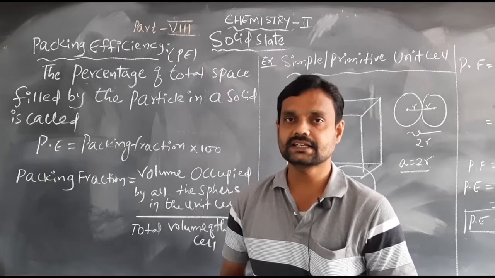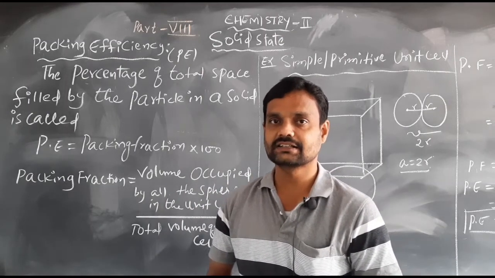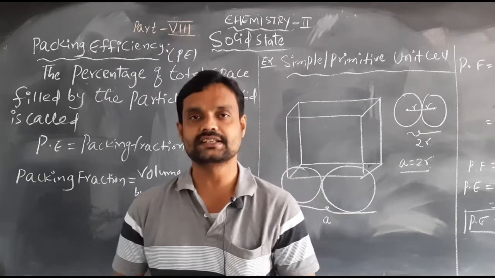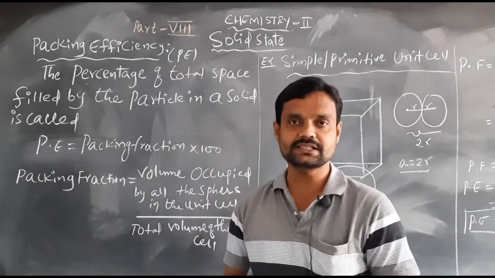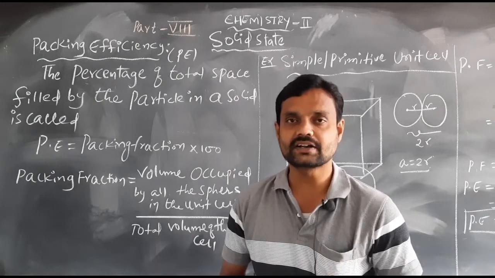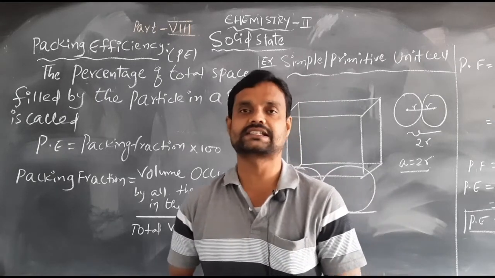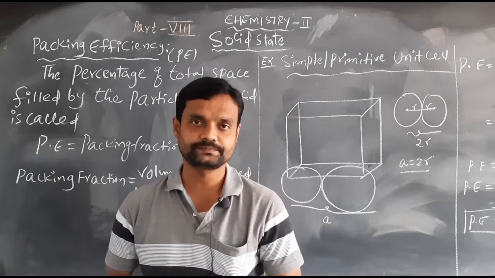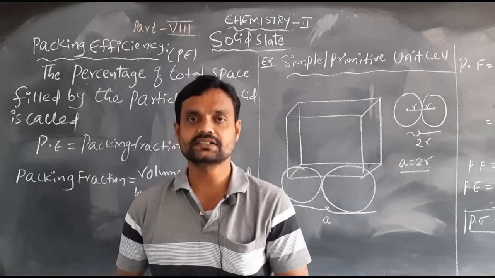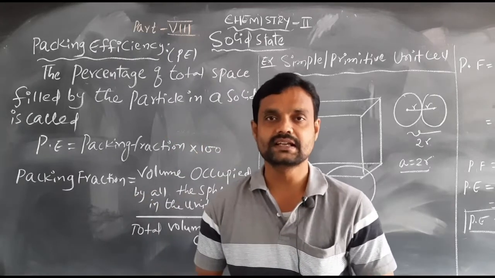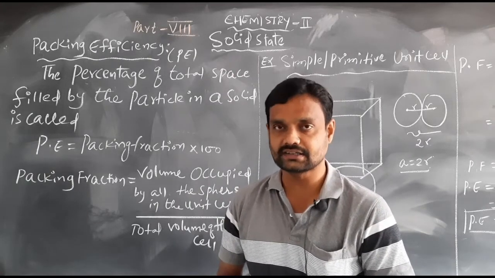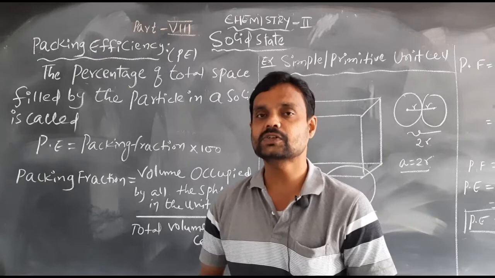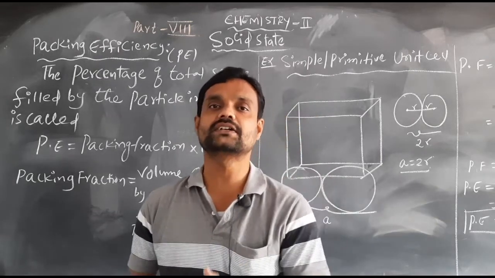So, how can we differentiate these unit cells? Simple concept. A simple or primitive unit cell means the atoms or ions occupy only the corners of the unit cell. A body centered unit cell means the atoms or ions are present at the corners and also at the body of the unit cell.